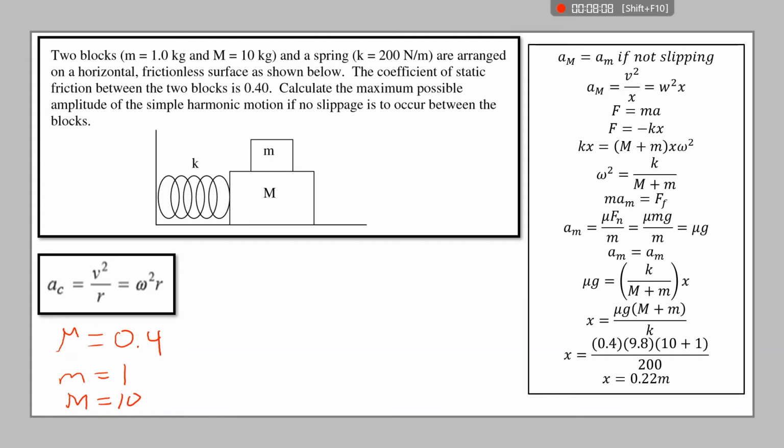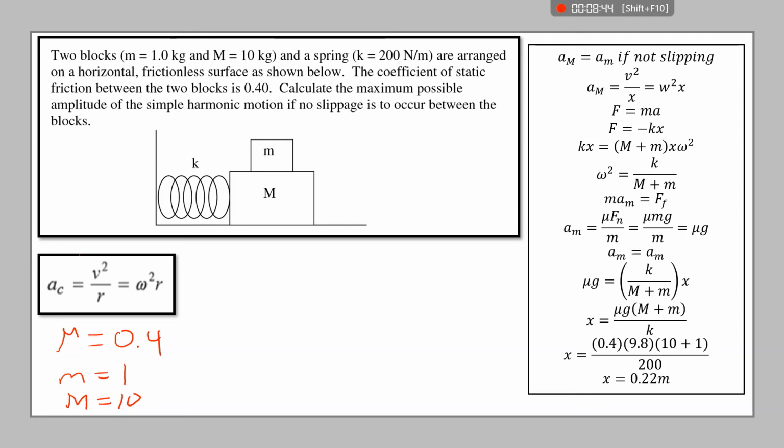So if we substitute, these should still be equal. So my radius right now is how far we have displaced. Radius? Wait. The motion of the spring is analogous to our motion of a circle, right?